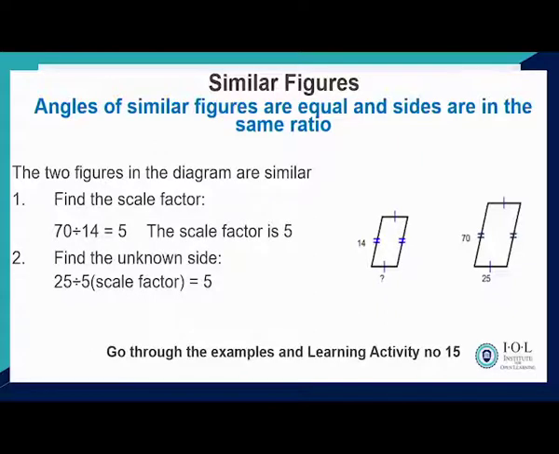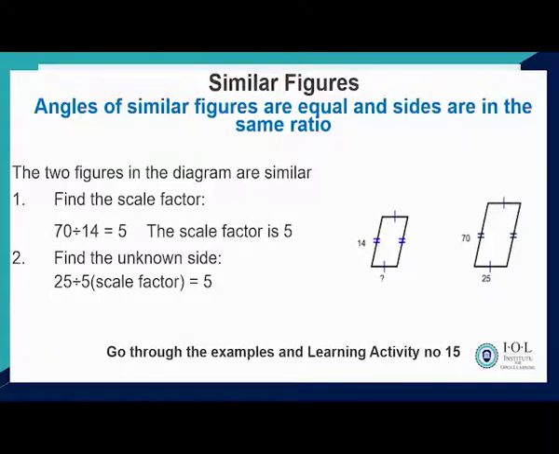But now let's just look at this, similar figures. Find the scale factor. You have the 70 and the 14 that you can work with. The 25 and the question mark, you can't work with that. So you have to say the bigger one divided by the smaller one.